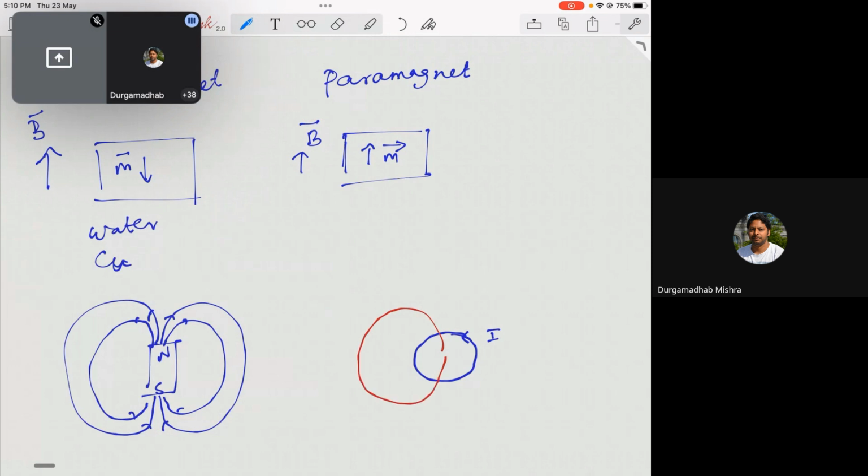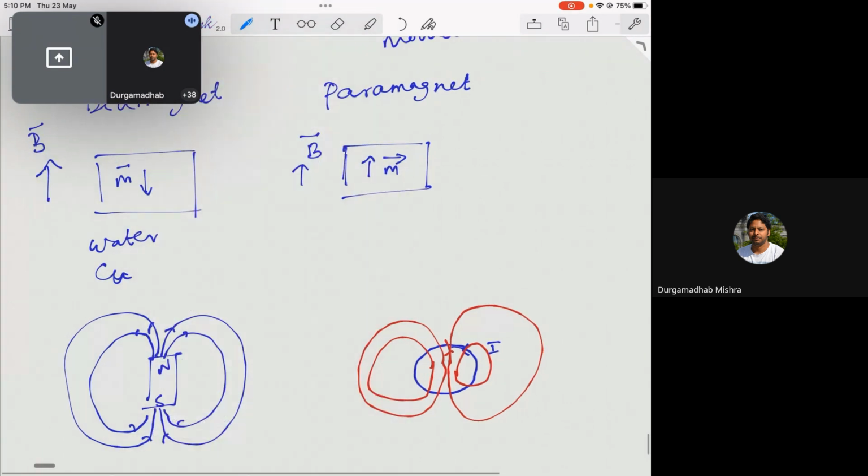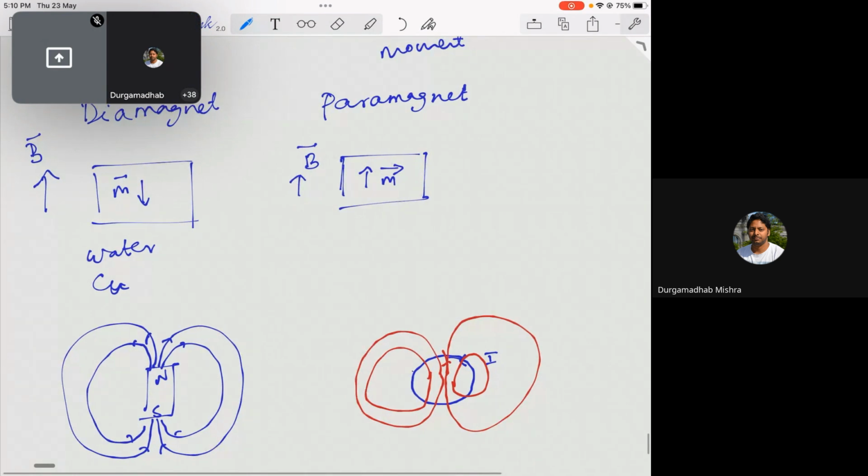Let's say the current is flowing clockwise or anti-clockwise like this. The magnetic field lines all will be like this. So this is very similar in nature when you look at the kind of magnetic field that is produced.